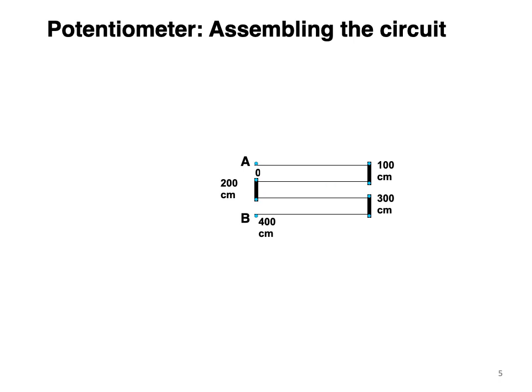Now, how to assemble the circuit? Take the potentiometer. There are 4 more components in this diagram: the key, the rheostat, the ammeter, and a battery of EMF E. So you have in all 5 components: the potentiometer, the key, the rheostat, the ammeter, and the battery.